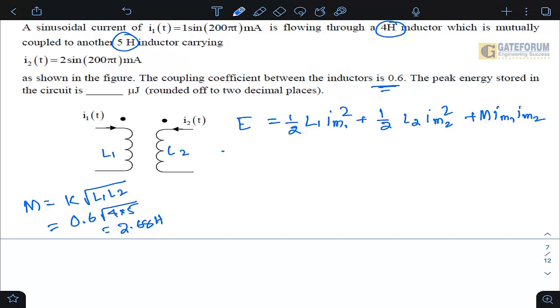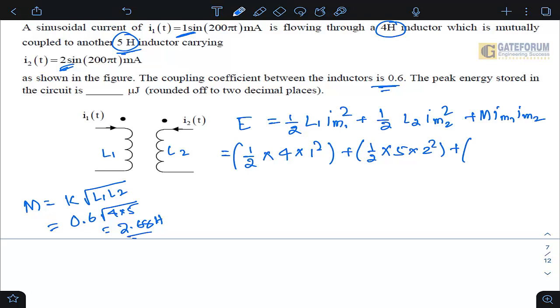So now if we substitute all these, half into L1 value is 4 into IM1 value is 1, so 1 square, plus half into L2 value is 5 into IM2 square, that is 2 square, plus M we got 2.68, and then IM1 is 1, IM2 is 2.